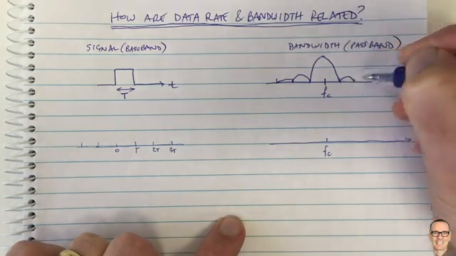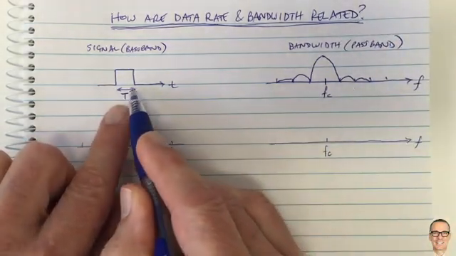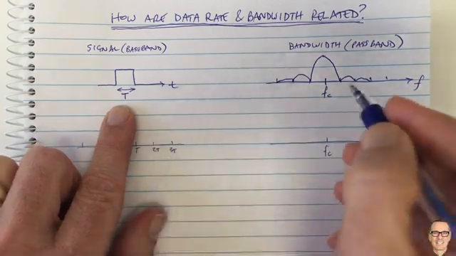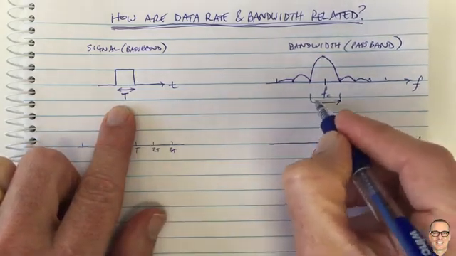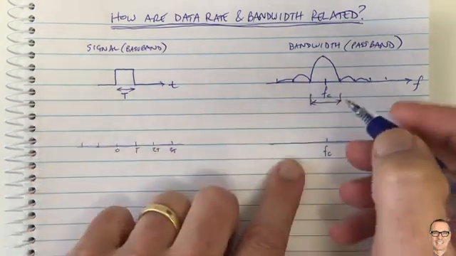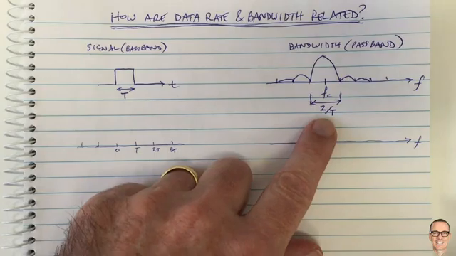And if it takes capital T time to send it, the distance across here, in the passband, is 2 divided by capital T.